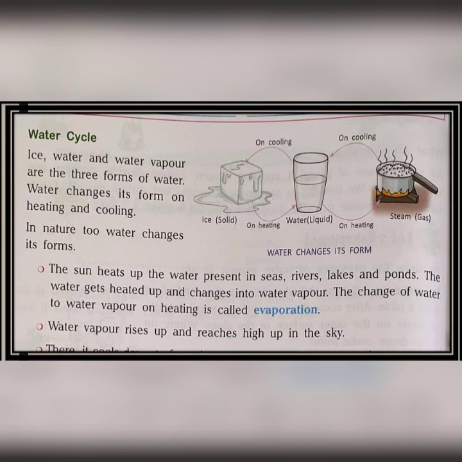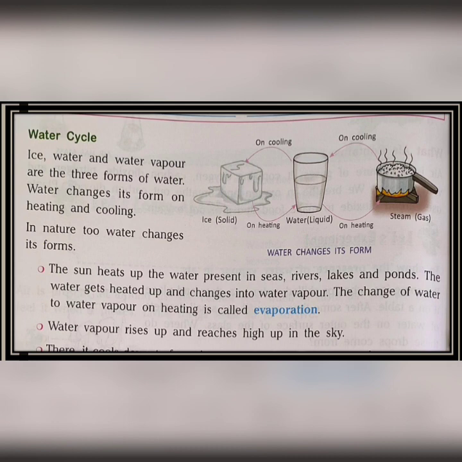Now let us know about the water cycle. What is it? Ice, water and water vapor are the three forms of water. Water changes its form either on heating or on cooling. In nature too, water changes its forms. When ice gets heated, it changes into water.